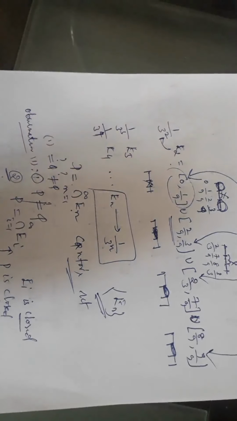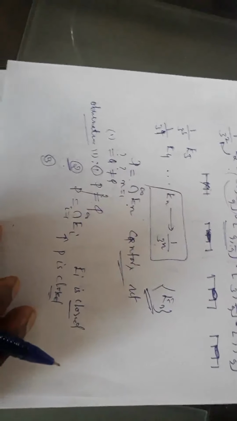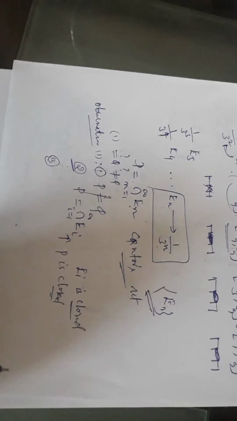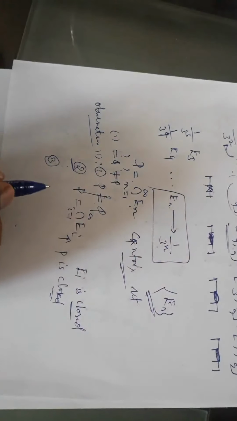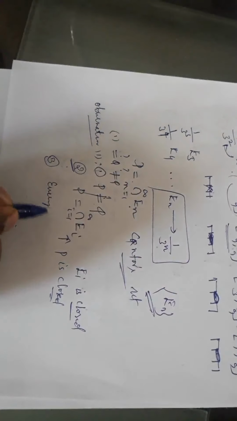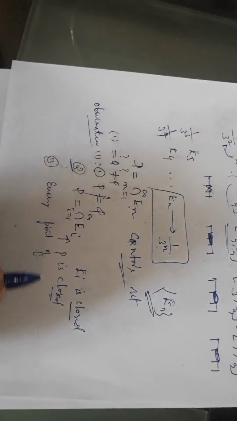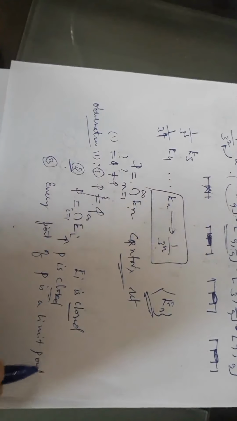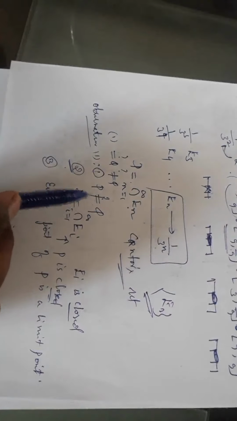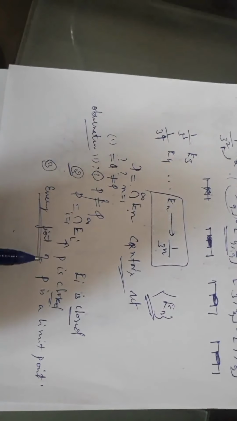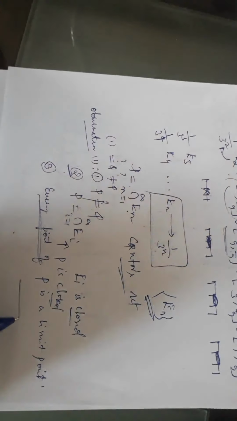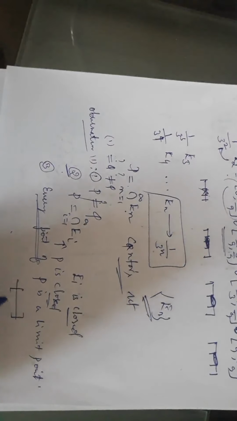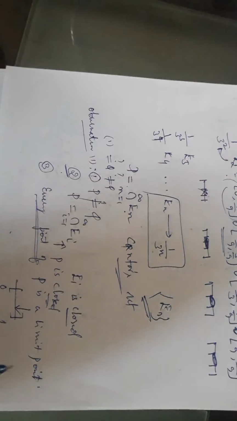What is observation 3? Observation 3 is that it contains its limit points, that is, every point of P is a limit point. Then only we can say it's closed. That's a different story. However, we can visualize this. However small you assume, if you are in the closed interval [0, 1], take any element in that closed interval.